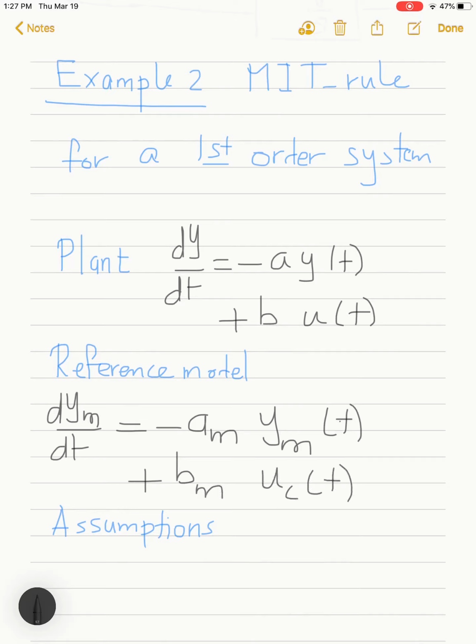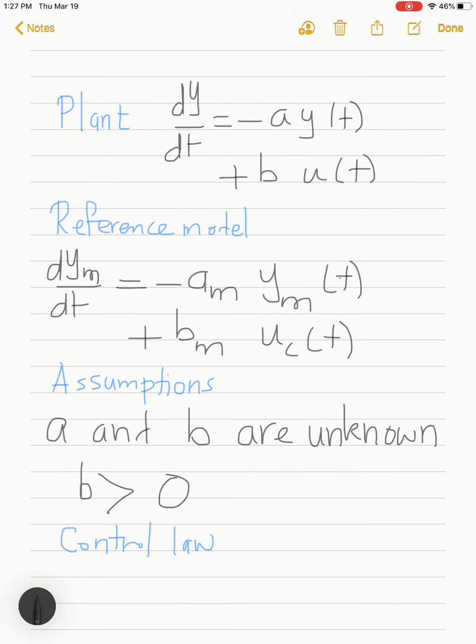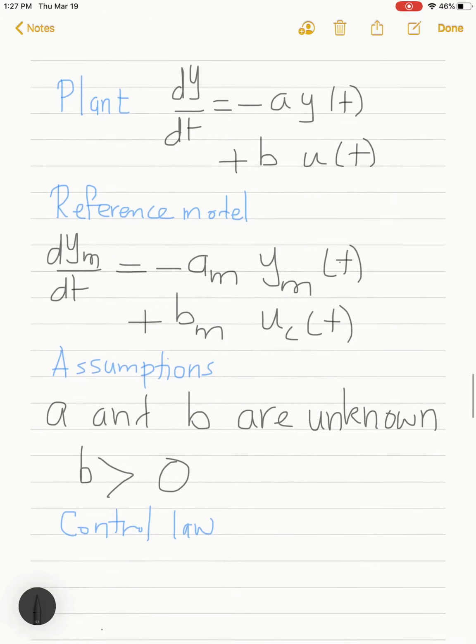The constants am and bm are selected so that the trajectory ym would behave the way that we like given the set point uc. The basic assumptions here are that a and b are unknown, while the sign of b is known, and I'm going to assume it to be positive for simplicity.